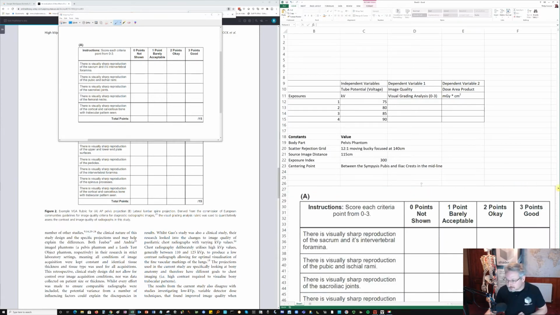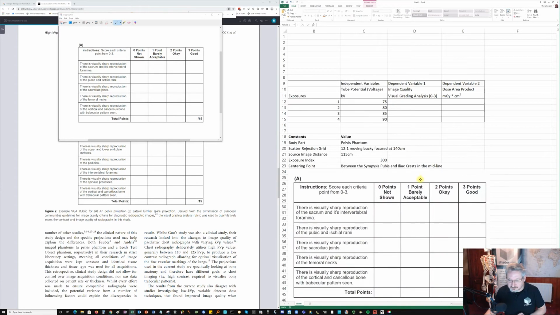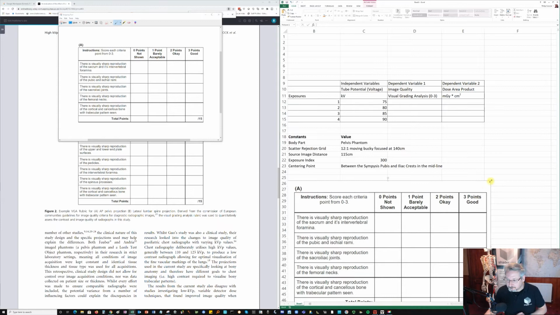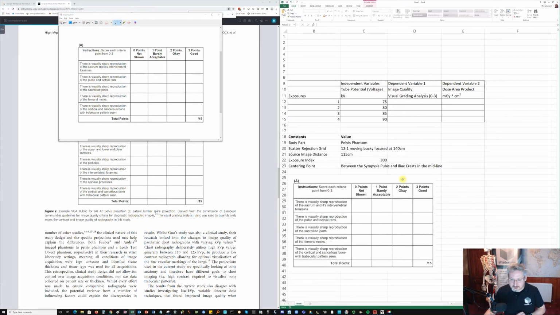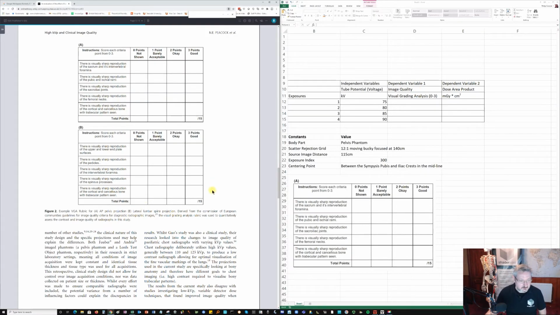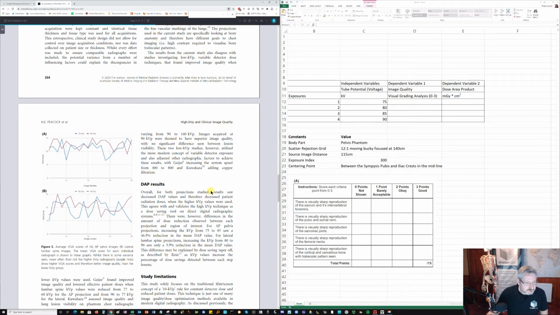It's a bit big, isn't it? So we'll make it smaller. Doesn't need to be quite that big. Okay, so that's how we're going to determine our visual grading analysis, and how we're going to present our results.